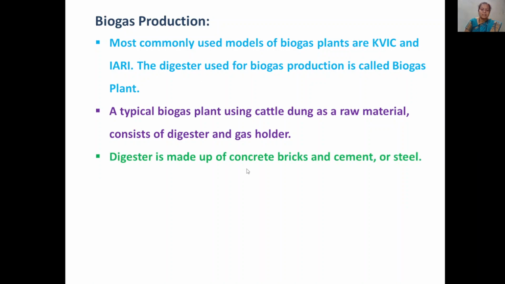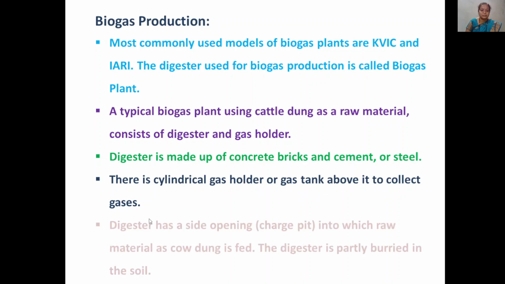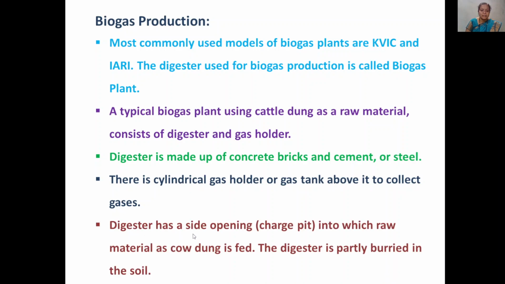The digester is made up of concrete bricks and cement or steel. There is a cylindrical gas holder or gas tank above it to collect gases. The digester has a side opening, that is the charge pit, into which raw material such as cow dung is fed. The digester is partly buried in the soil.